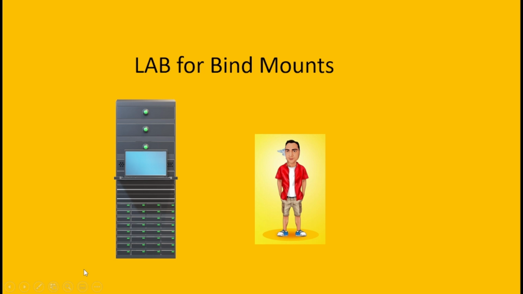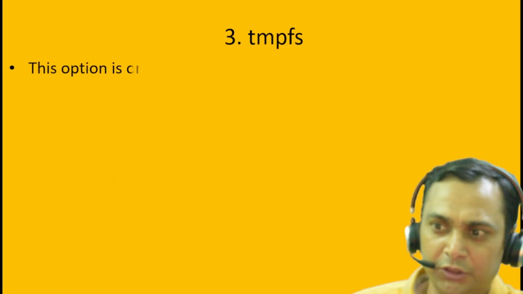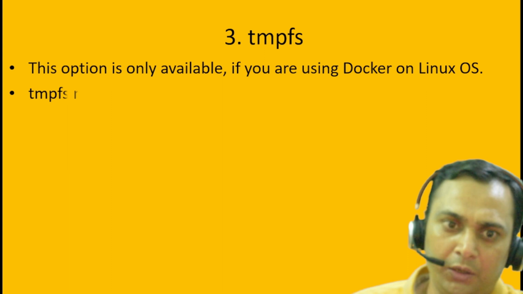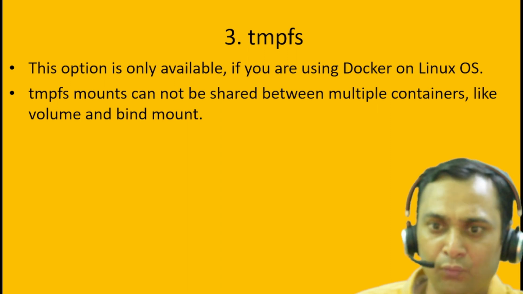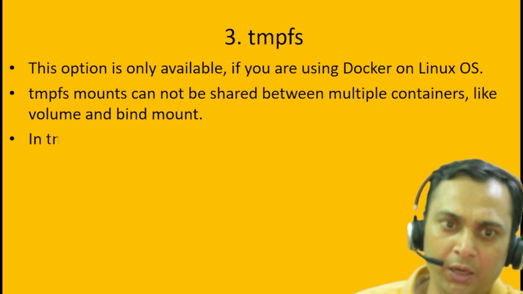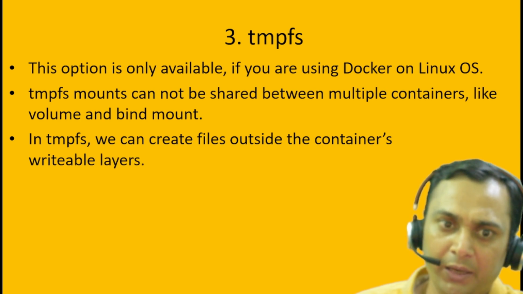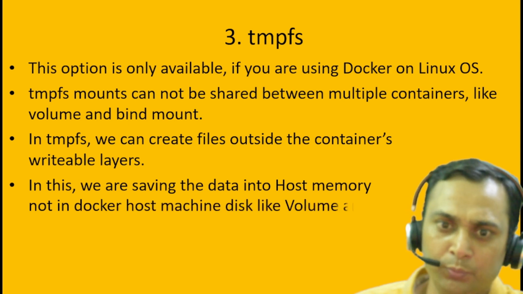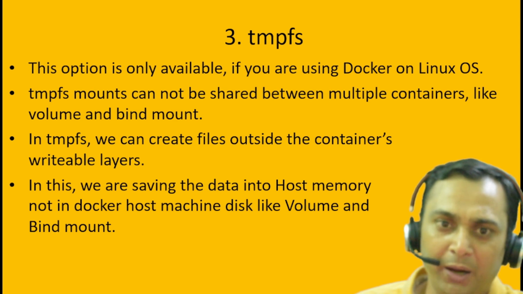So our last option is tmpfs. This option is only available if you are using Docker on Linux. A tmpfs mount cannot be shared between multiple containers like volume and bind mount. In tmpfs, we can create files outside the container's writable layer. In this, we are saving the data into the host memory, not on the Docker host machine disk like volume and bind mount.